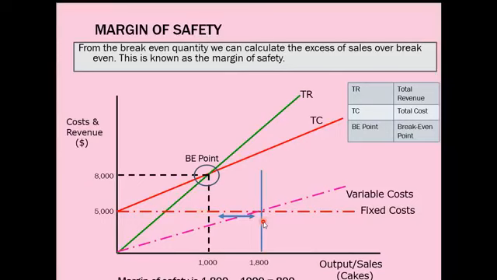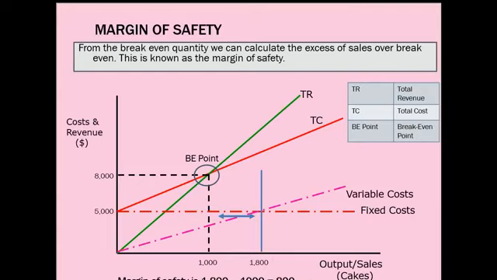And this is it. Look at this. We assume that the business is selling 1,800. The business is here. This is the current sales, 1,800. And this is our break-even line. Our margin of safety is simply 1,800 minus 1,000, which is 800.